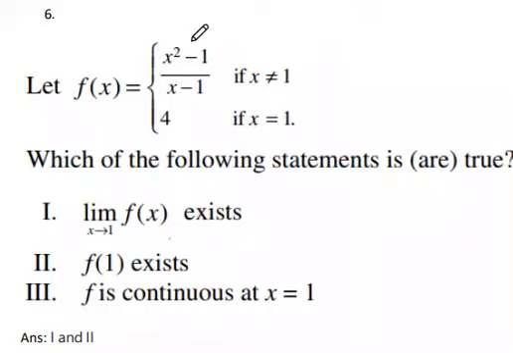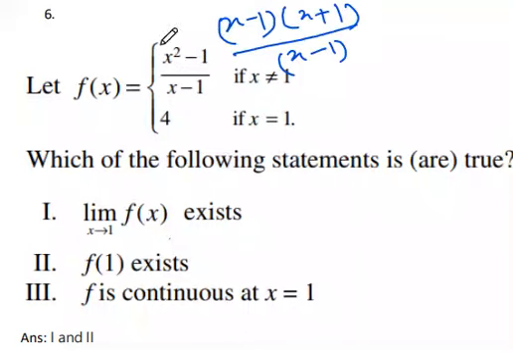You can factor out this numerator, and you can write it this way. Here x is not equal to 1, so you can cross this off, and you are left with this term only, which is equal to 1 plus x.